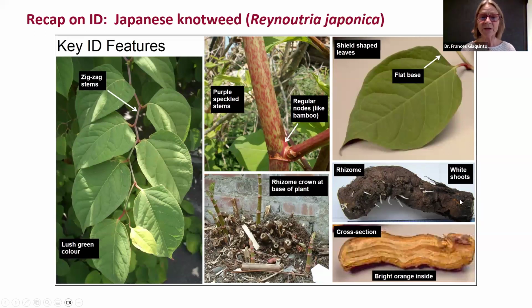These can easily break up, fragment, and each little piece can produce a new shoot. So if you disturb the soil in which Japanese knotweed is growing, you can break up those rhizomes, and each little rhizome piece can form a new plant. This is the key problem with Japanese knotweed.